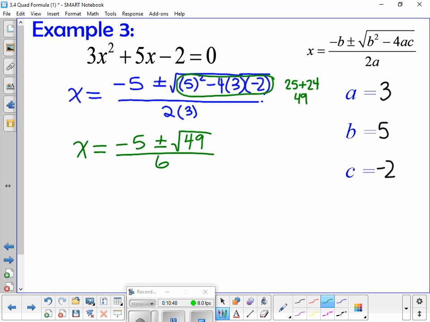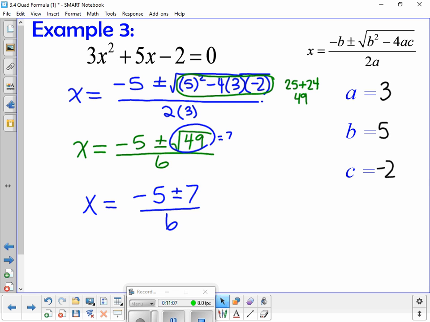Negative 5 plus or minus the square root of 49 all over 6. I know the square root of 49 is equal to 7. So x is equal to negative 5 plus or minus 7 over 6. How interesting. I have no radical.